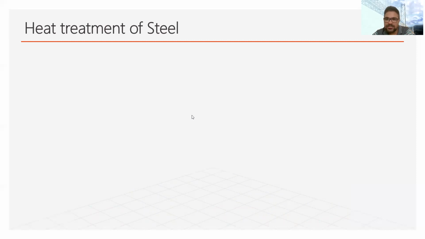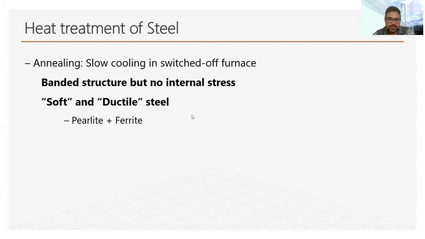So the first term is annealing. In this process, the steel is heated to a temperature just greater than 910 degrees Celsius, and it is held at the temperature to achieve uniformity of composition. Usually it is done in the furnace.